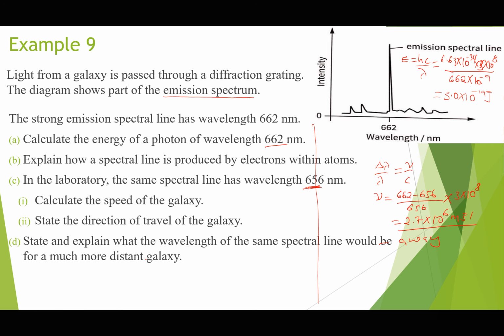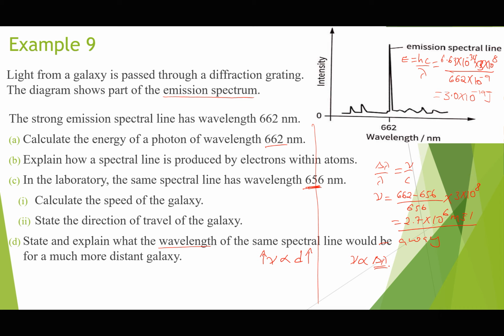Now explain what the wavelength of the same spectral line would be for a much more distant galaxy. For a much more distant galaxy, because v is directly proportional to d, and the distance is bigger, v is going to be bigger. And remember, v is directly proportional to the change in wavelength, so the change in wavelength is going to be greater.